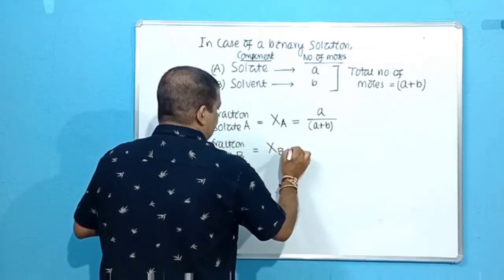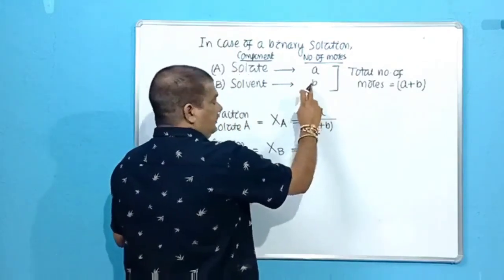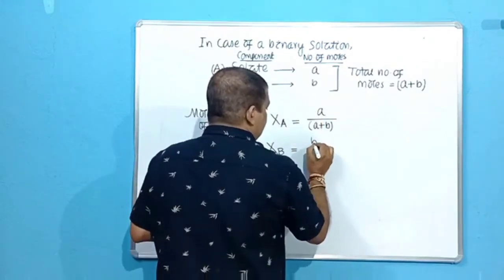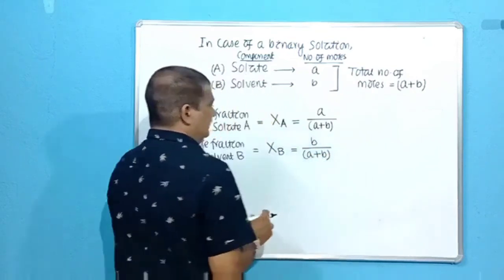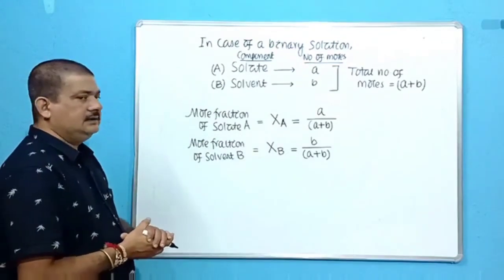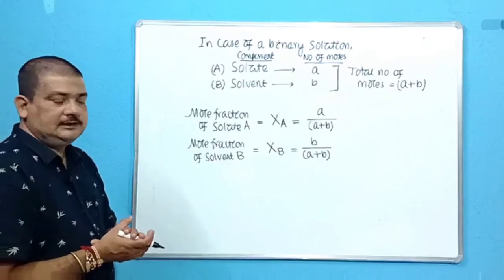Now XB will be equal to B. What is the moles of solvent? Now B divided by the total number of moles, A plus B. Okay. So this is how you have to find out the mole fraction.